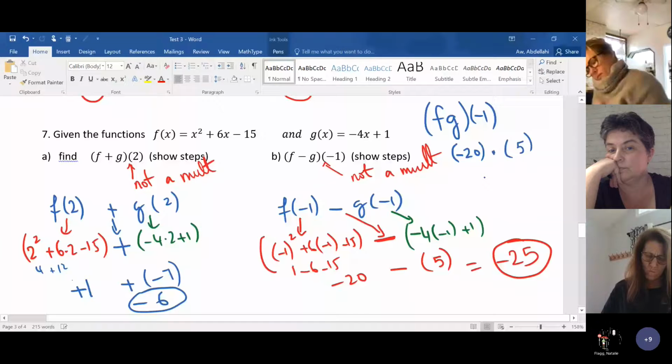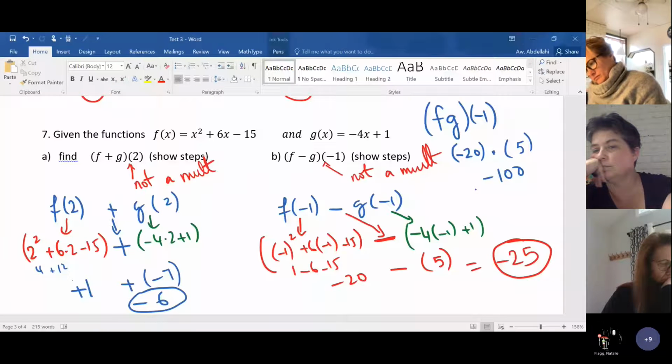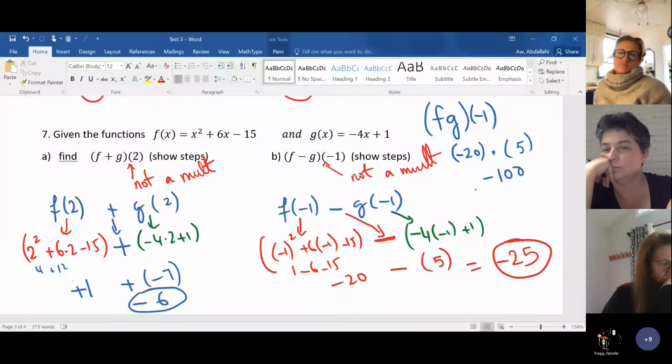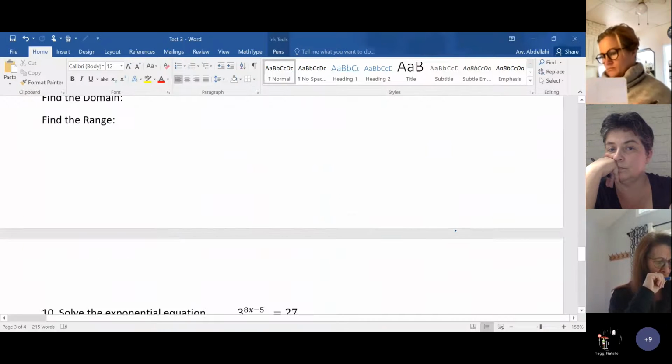So please remember that the parentheses in this case don't mean multiplication. This is evaluation. You evaluate at 2. You evaluate at -1. You are not multiplying by 2. You are not multiplying by -1. The next one here is about the same thing.